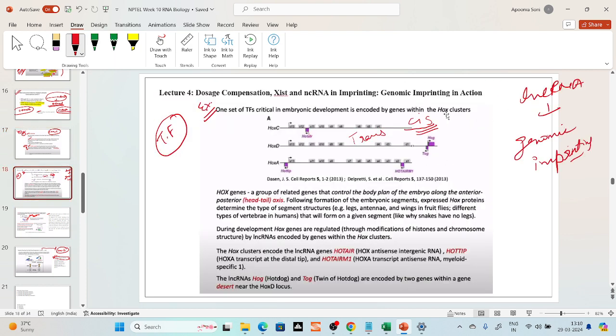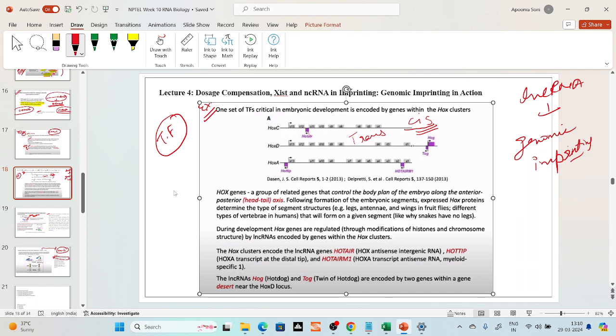HOX genes are responsible for the body plan of the embryo, which controls the anterior to posterior axis. And we all know that during embryonic development, or any kind of development for that matter, only what has to express should express, and other factors should not come and start expressing at the same time.